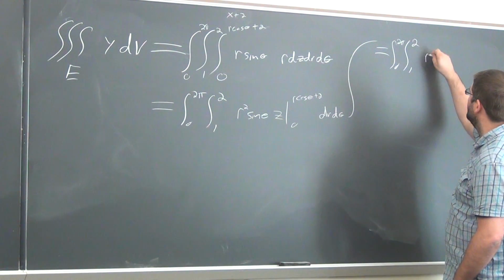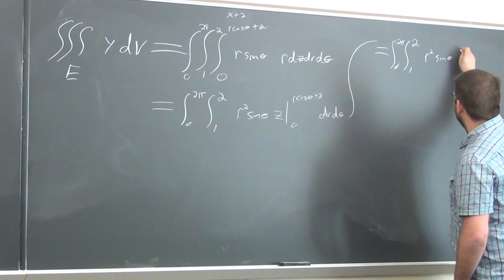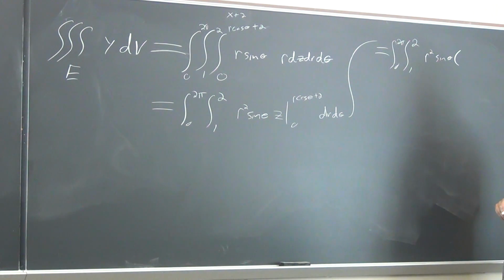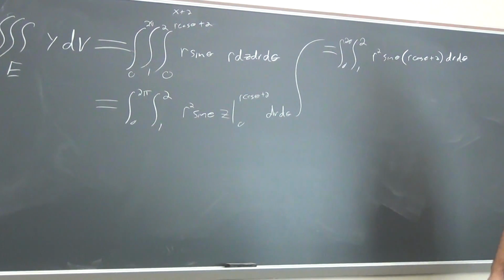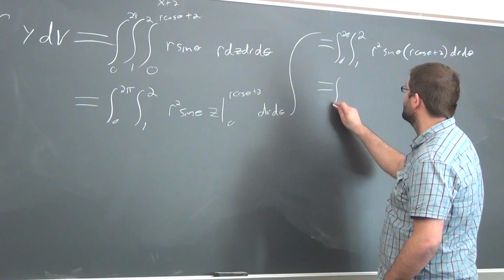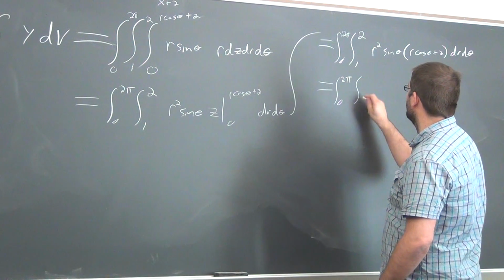So we end up with r squared sine of theta, and then r cosine of theta plus 2, dr d theta. Again, this isn't too bad from here. You probably can figure it out, but we'll just take our time and work through it.